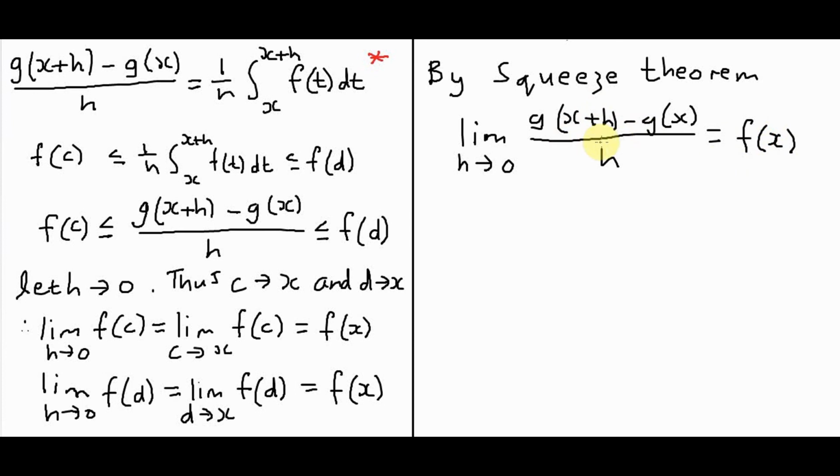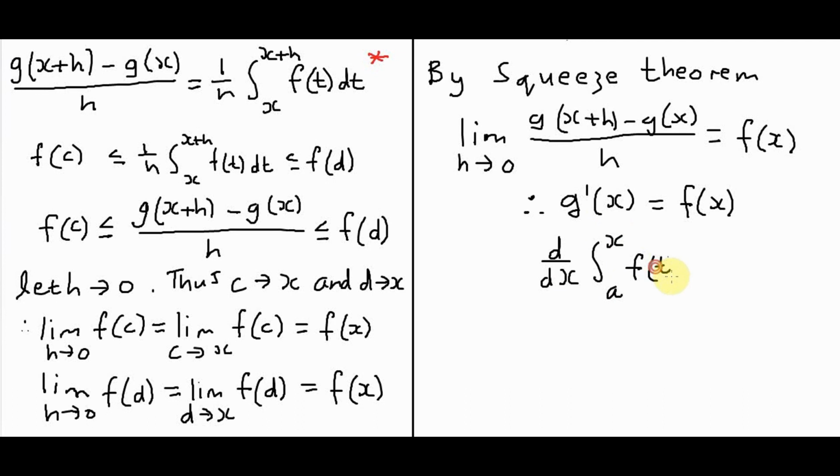And this is nothing but the definition of the derivative of g. So we have just shown that the derivative with respect to x of the integral from a to x of f of t dt equals f of x.